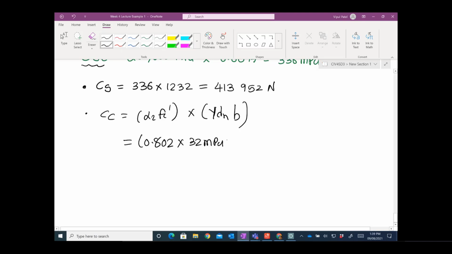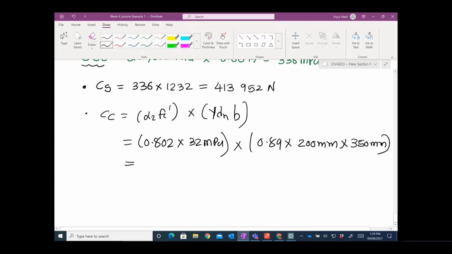So 32 megapascals times gamma, which is 0.89, times dn, which is 200 millimeters that we assumed, and b is 350 millimeters.